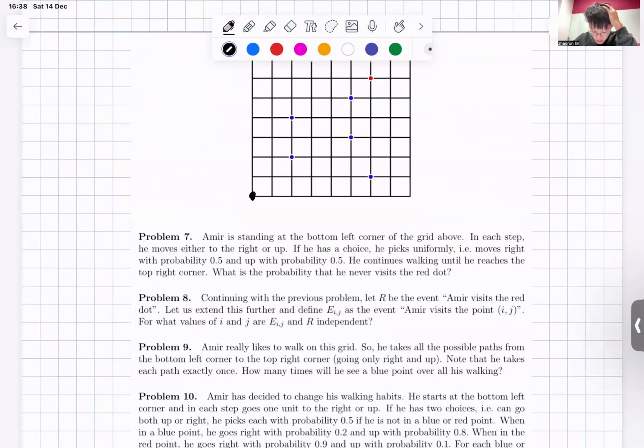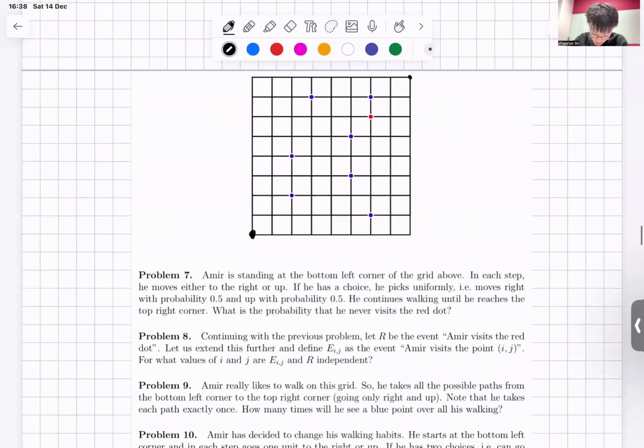If he has a choice, he picks uniformly, so either go right with half of the probability or go up. And he keeps on doing that until he reaches 8, 8. So what is the probability that he never visits the red dot?